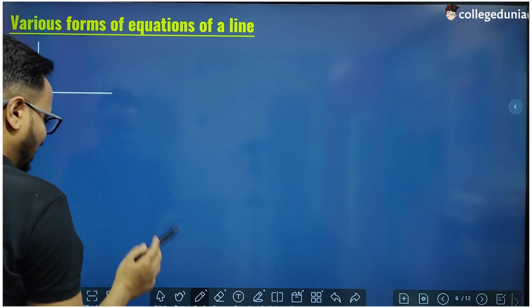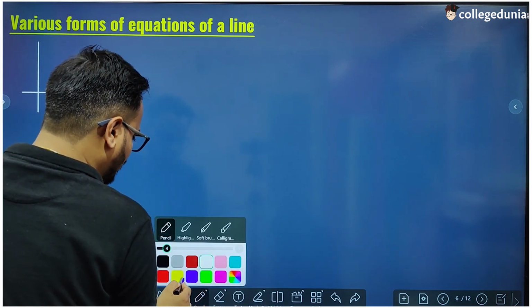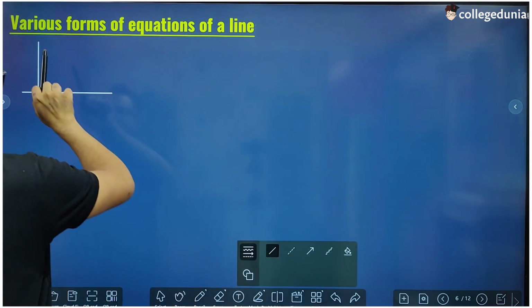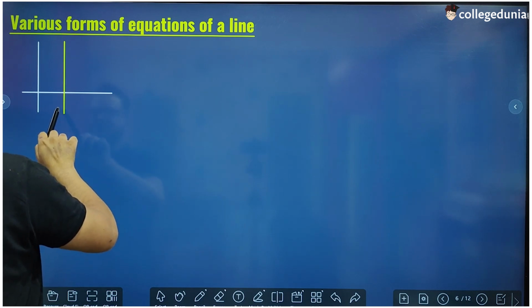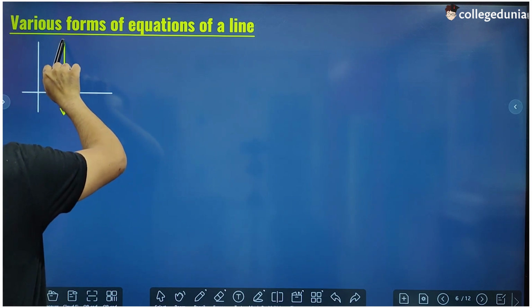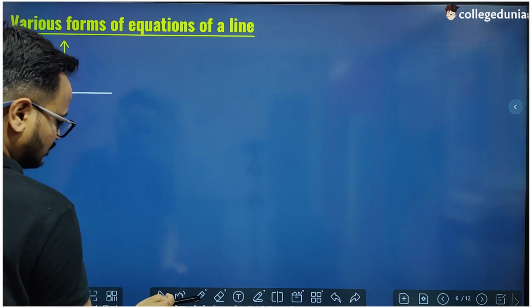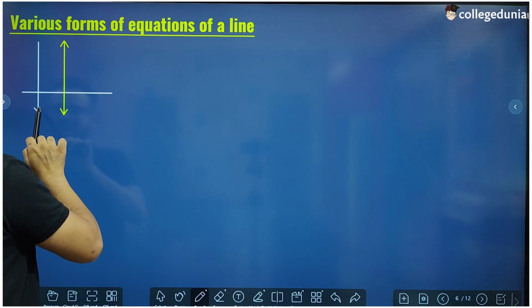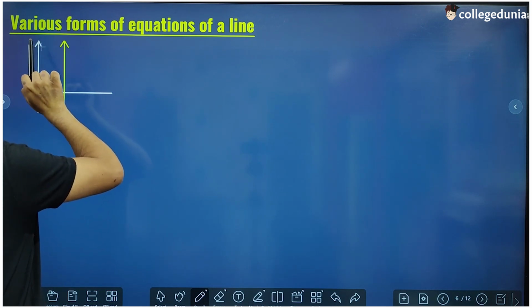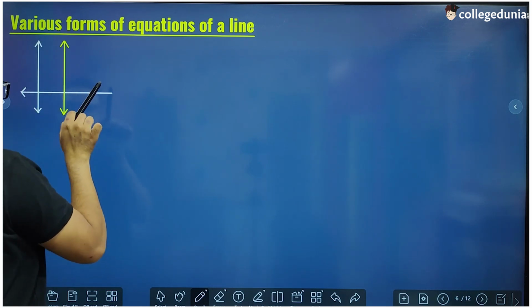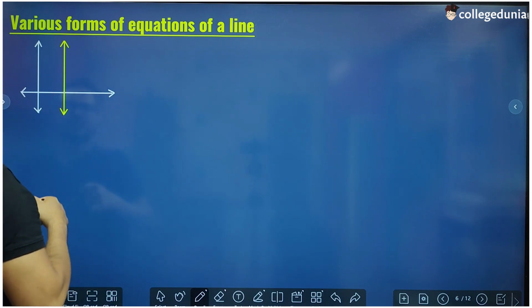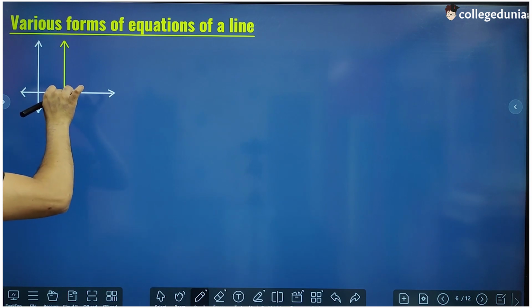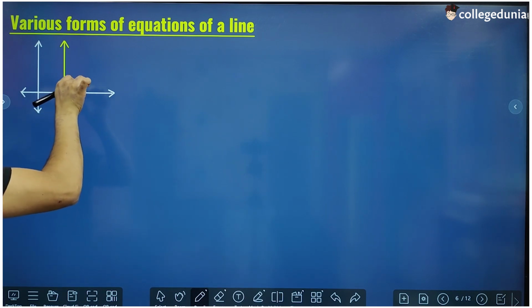Suppose we have a line which is parallel to the y-axis. Let us say this line is passing from this point whose coordinates are a comma 0.